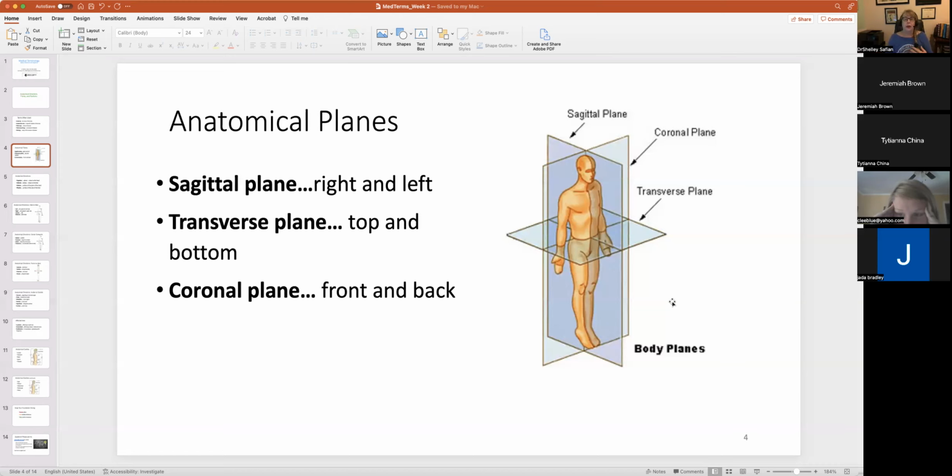If you have a patient who has kidney disease and they're going to remove the diseased kidney, it is important that they remove the diseased kidney, not the healthy kidney. And this will be referred to in the operative notes, right or left.